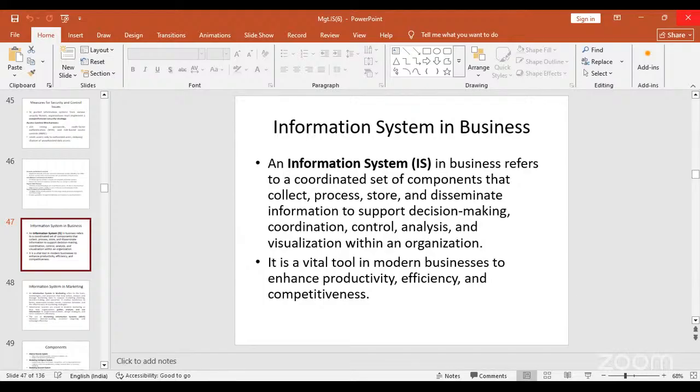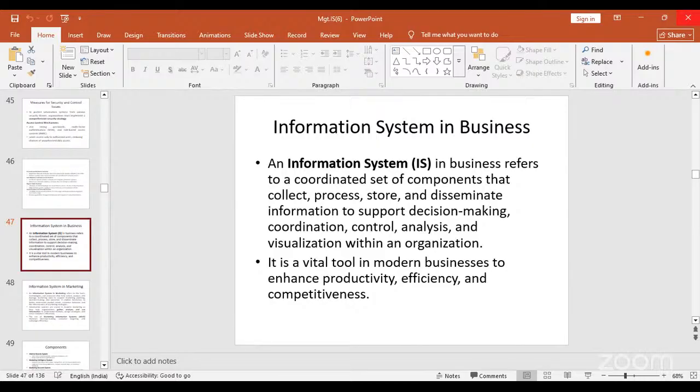All are the components of our business organization, which are used towards the goal of effective decision making for the organization. So that is an information system in business. In a business organization, you find different information systems for different works, and they are coordinated, connected, and interrelated to achieve the goal of the organization.